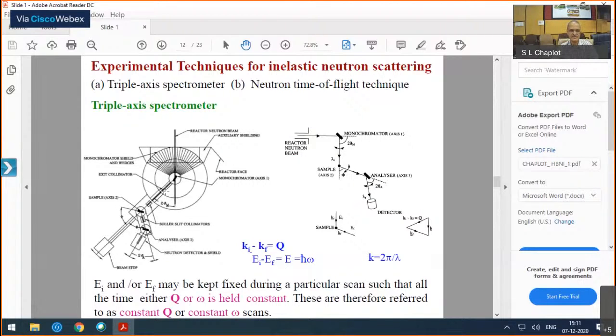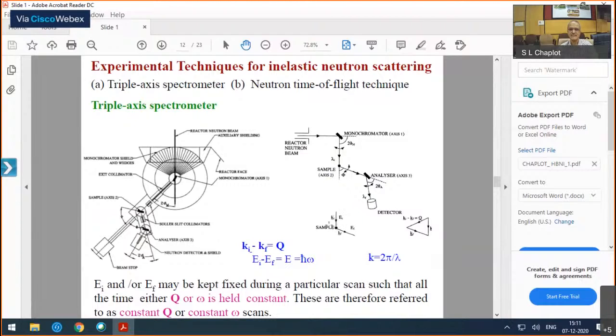So these neutrons come out through the shielding. Then at the sample, again you have a path from sample to analyzer, and then at the analyzer, again you reflect into a Bragg reflection and a detector. Okay, so there's a vector diagram here.